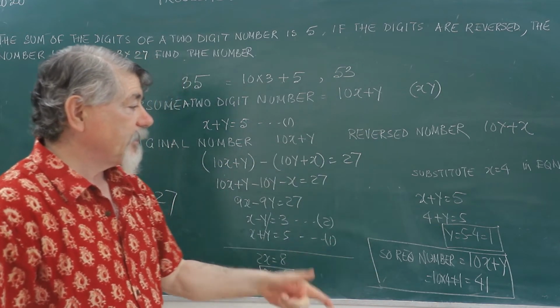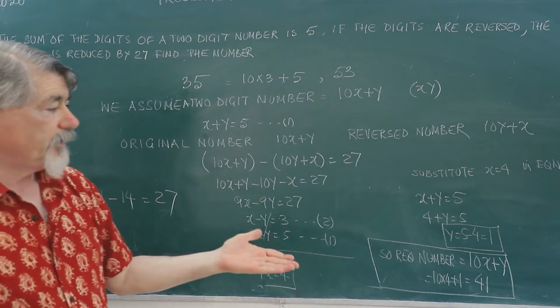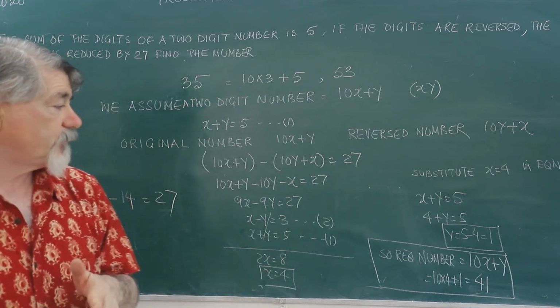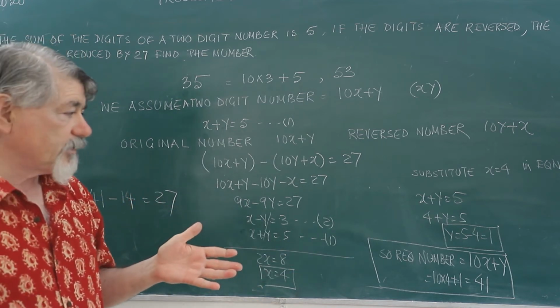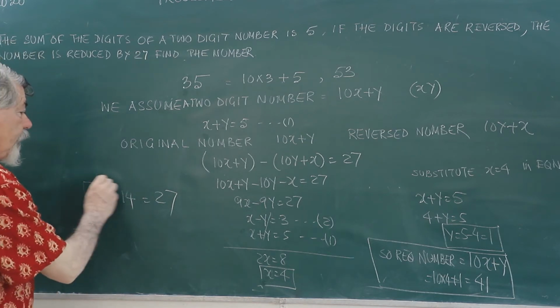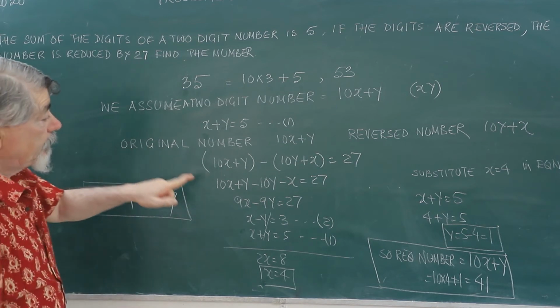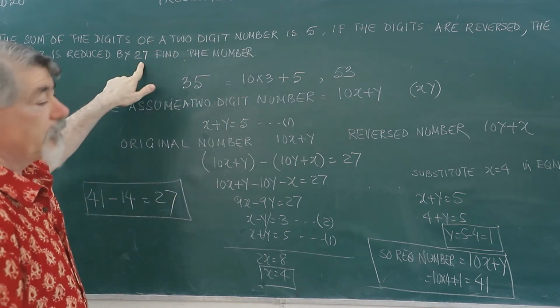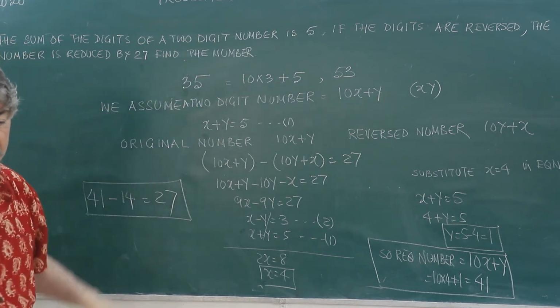Let us check: the sum of the digits is 4 plus 1, 5. If I reverse the digits, 41 becomes 14, and the difference of 41 and 14 is 27, which was the second condition, reduced by 27.